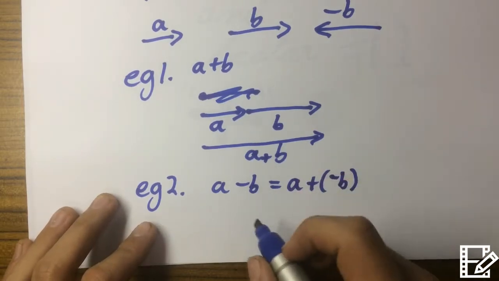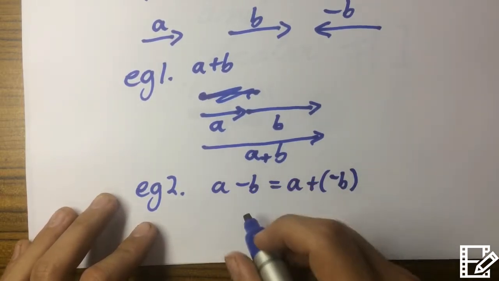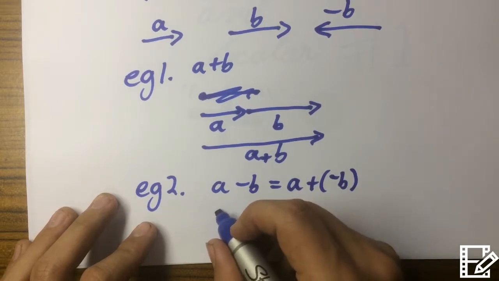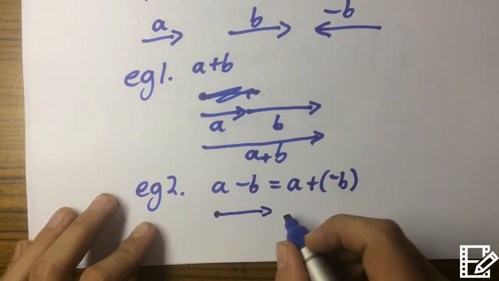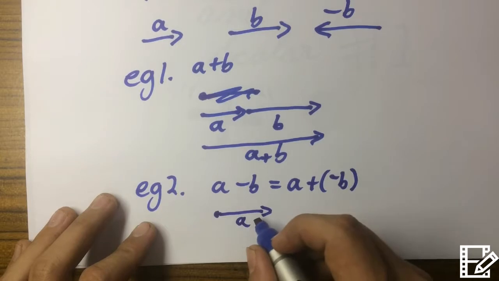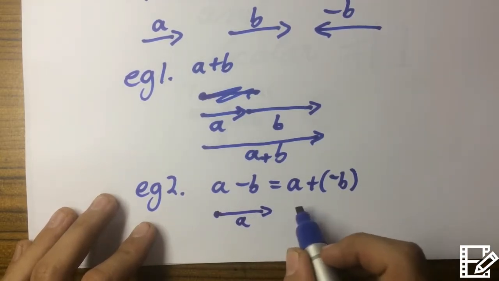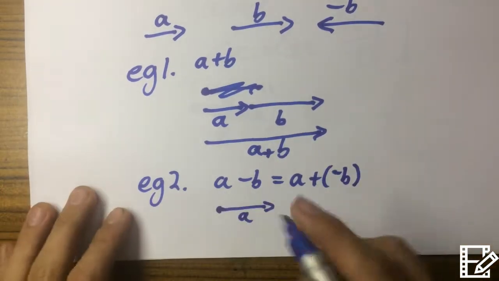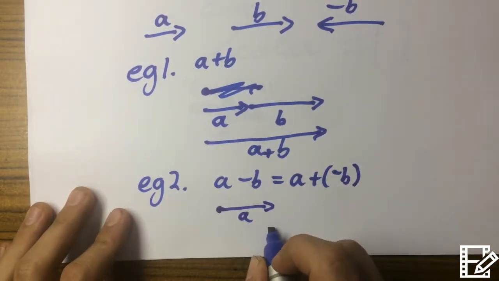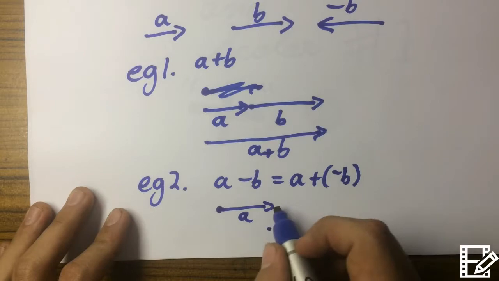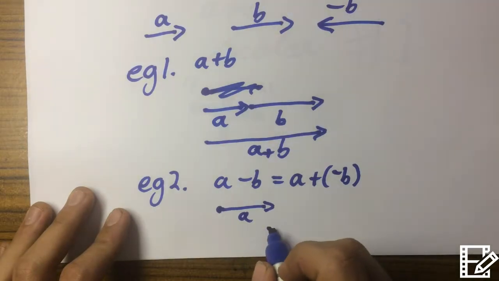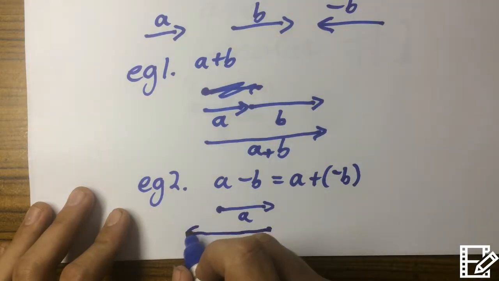So let's say here we have A. Start at this point. We have A. And we want to take B from it. We don't put it here because that'd be just going head on. So you'd represent it by adding negative B. So negative B would go this way.